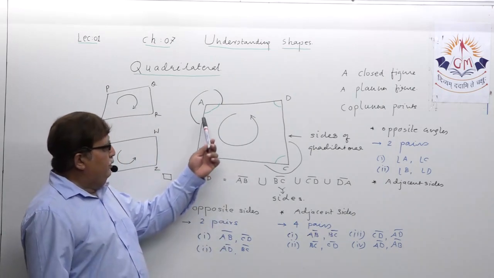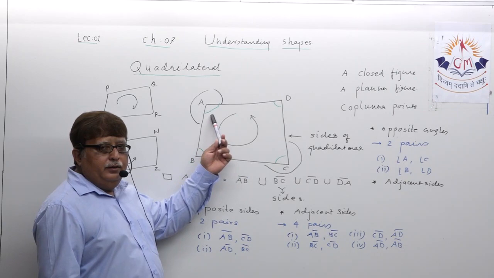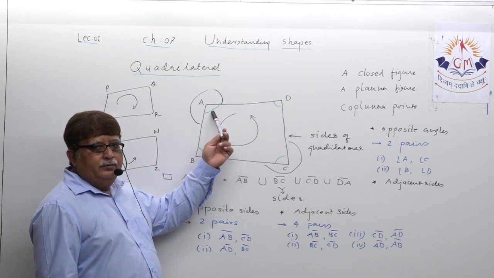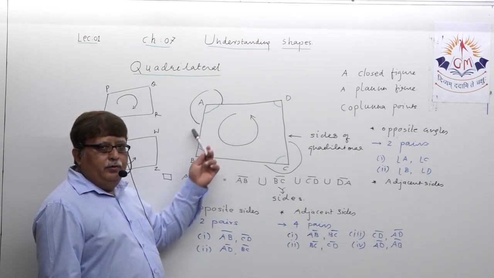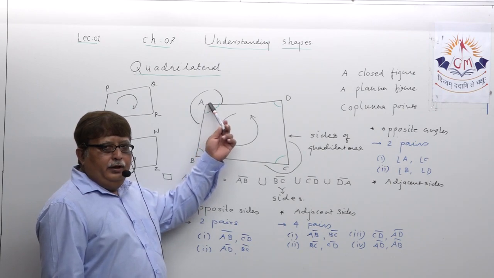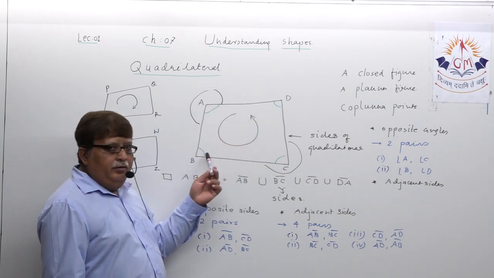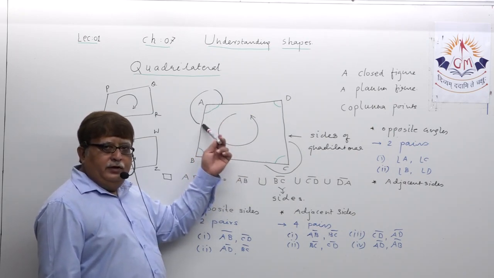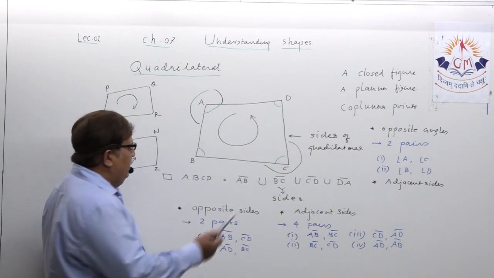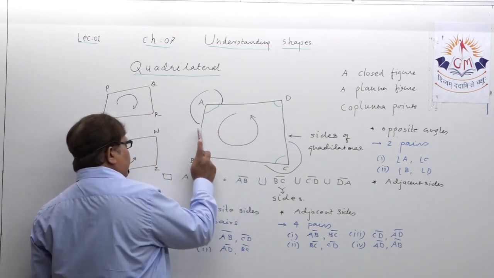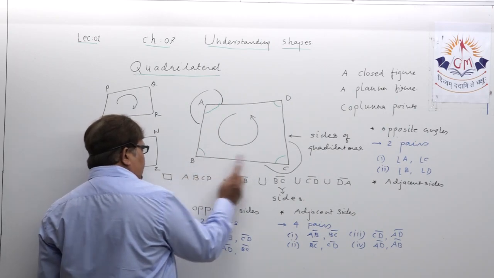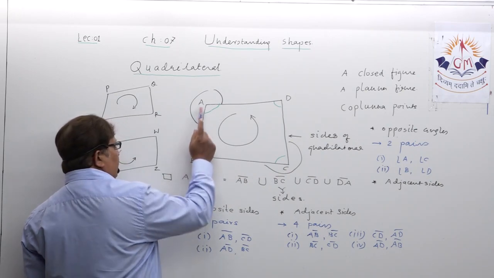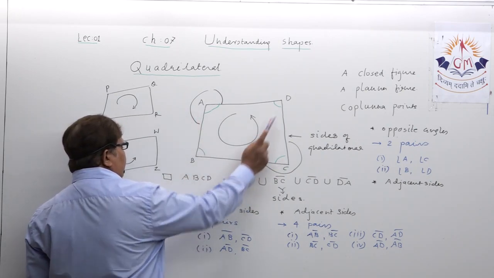How can you realize this? Suppose, dear student, angle A and angle B. Can you name angle A? Full name. Angle B, A, C. Can you name angle B? Angle A, B, C. One arm is common, AB is common between these two angles. Between angle B and C, BC will be common. You speak the name of this angle. Angle A, B, C. Speak this.